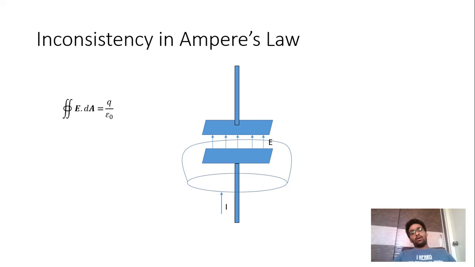Then, from Gauss law, the closed surface integral of electric field is nothing but some factor times epsilon naught times q. The q is nothing but the charge on the capacitor plate. Now, here I'm not having a closed surface. I just assumed a surface around that which covers the capacitor plate.